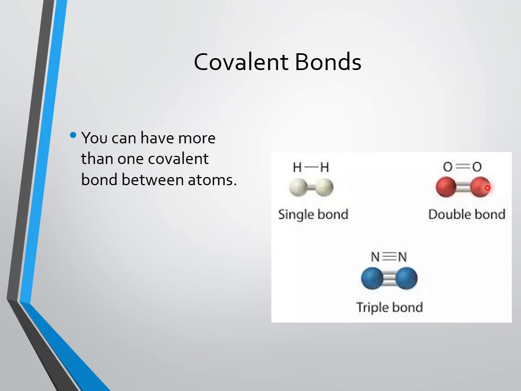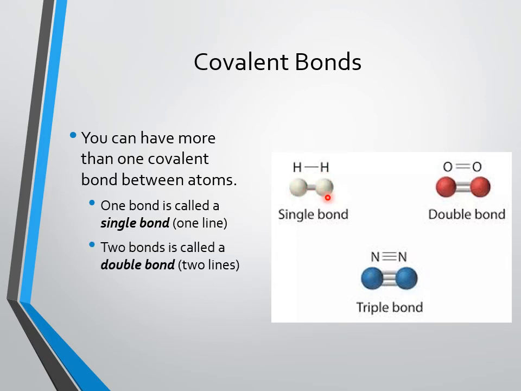And then we have double bonds and triple bonds. That means that they are sharing more electrons. A single bond has 2 electrons connected right here. The double bond has 4 electrons connected. And a triple bond is when you have 3 bonds.